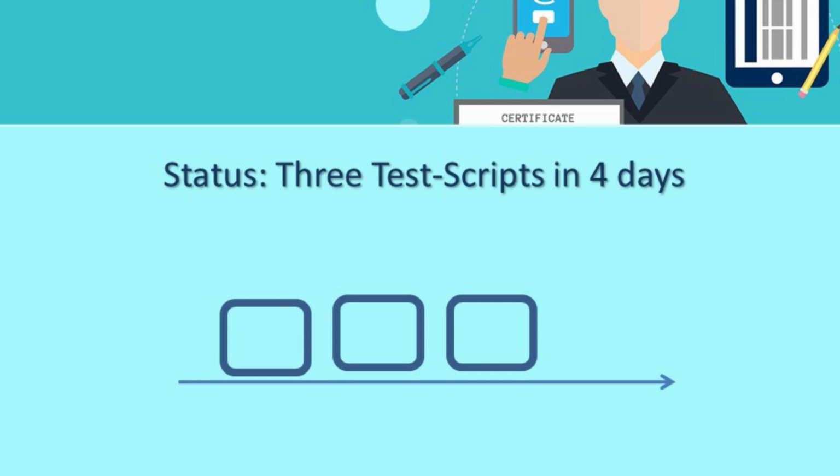Is it a matter of concern? Yes, it is definitely a matter of concern. But when you probe further, you find out that it has been achieved at a lesser cost. Only $200 are spent in developing these 3 test scripts.